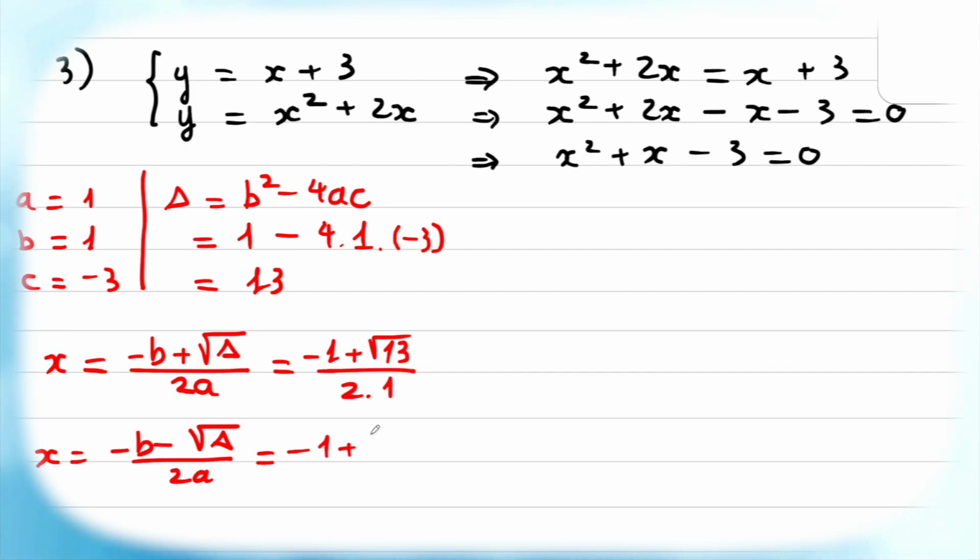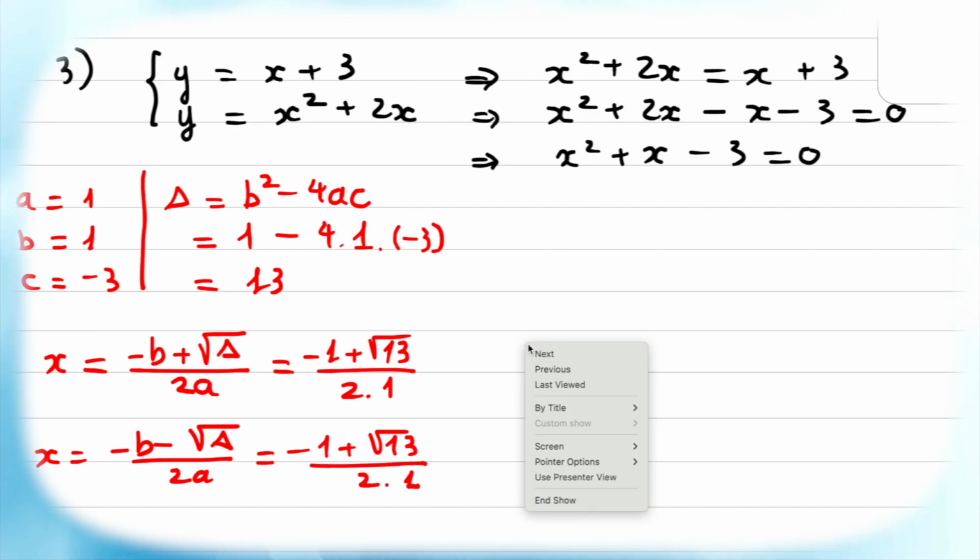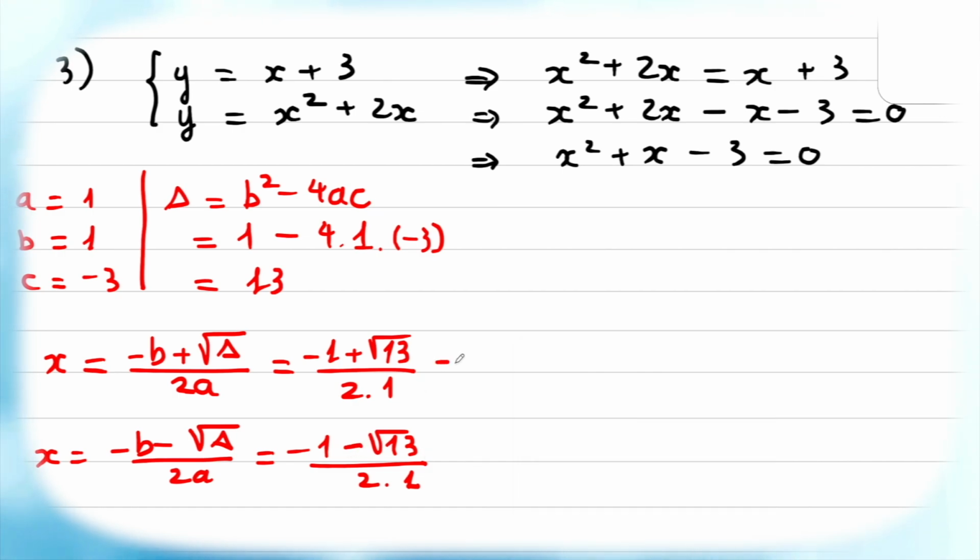For the second one, this is not plus, this has to be minus. So minus 1 plus square root of 13 divided by 2 gives the first, 1.3, and for the second, divided by 2, we have minus 2.3.